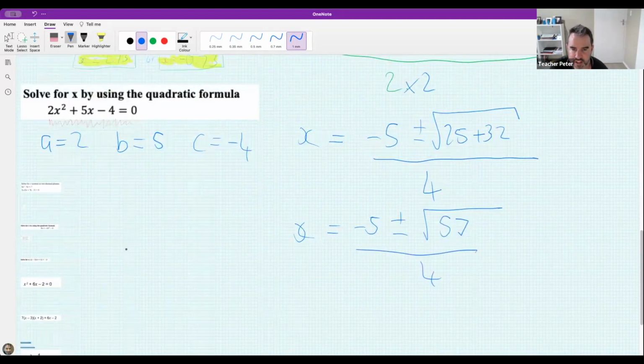What are my final answers going to be for x? The first one is going to be x equals 0.64. Say it out loud.